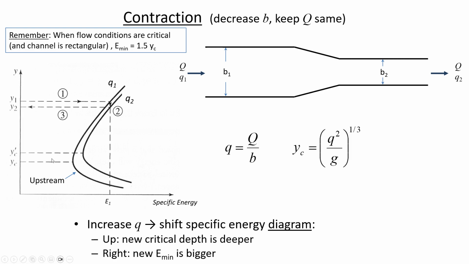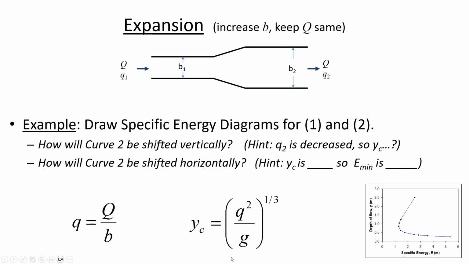And if you make the channel narrower, then lowercase q is bigger, so that means the critical depth is larger. So there's going to be some larger critical depth, and that is associated with a larger specific energy. So when you make the channel narrower or wider, you're moving the specific energy diagram either to the right or to the left, and you're translating it up or down. So here, if you make the channel narrower, there's a larger critical depth and a larger minimum specific energy. When it expands, then the opposite is true.